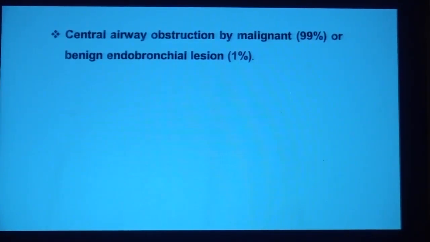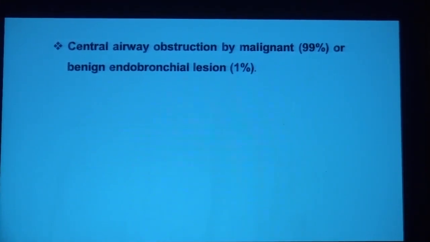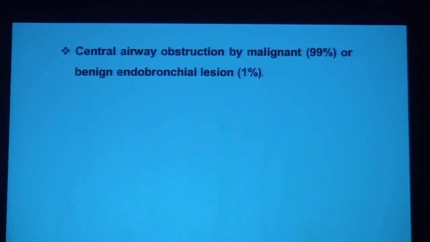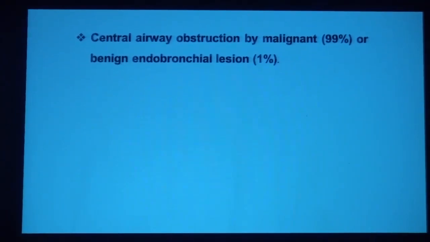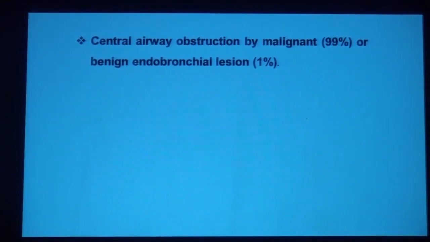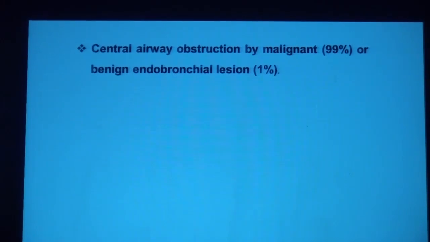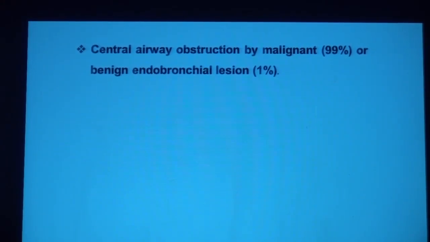As you know, rigid bronchoscope is easier and safer than fiber optic bronchoscopy, but not everyone can do it. So my talk is about central airway obstruction by electrocautery and cryo extraction after electrocautery.